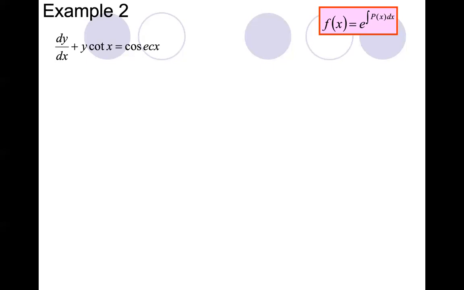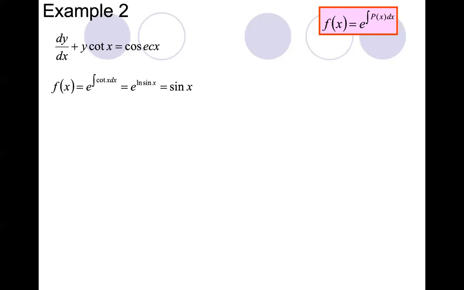What is the integrating factor? Let me hear from someone. Anna, you haven't said anything today.